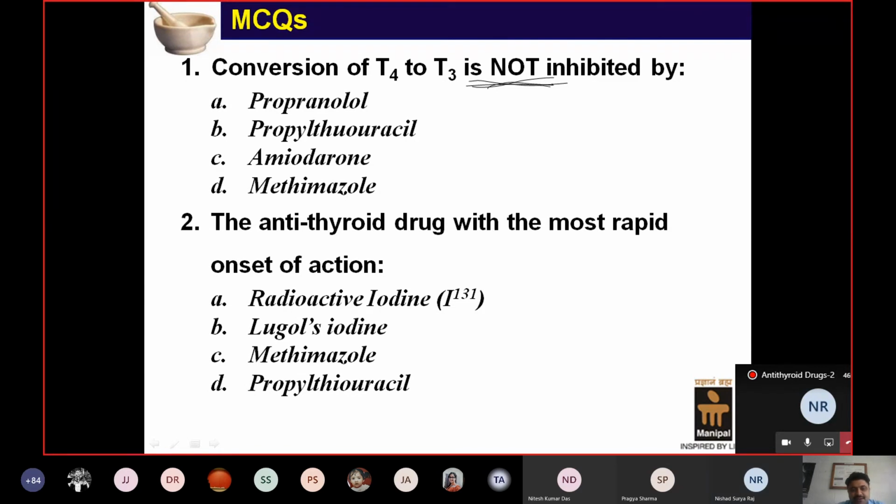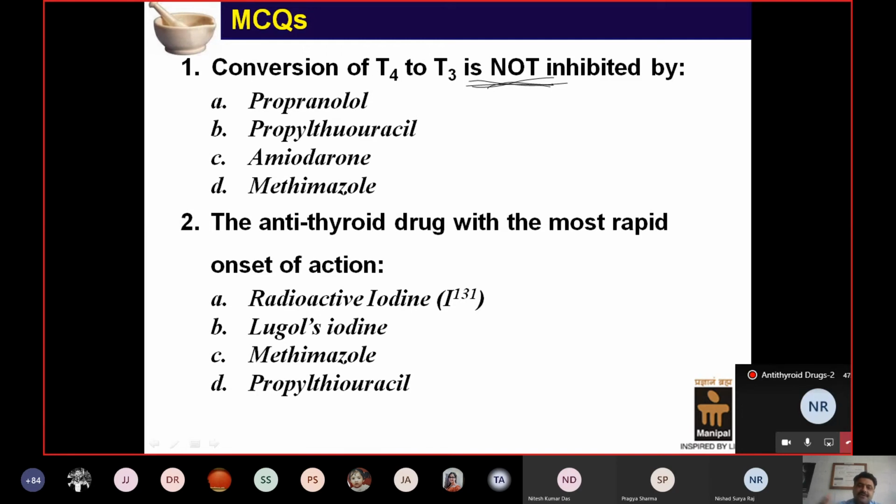Lugol's iodine acts immediately, and the action degrades after 15 days, it causes thyroid escape. First, none of the thyroid hormone is released.